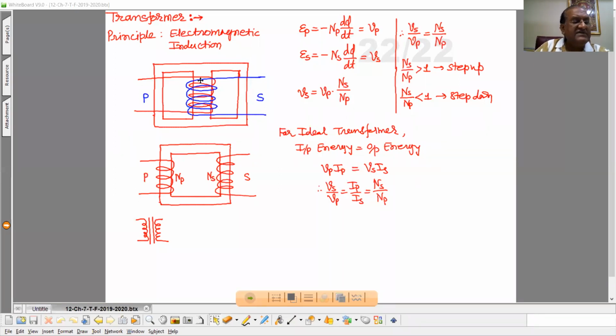Then hysteresis. The magnetization of the core is repeatedly reversed by the alternating magnetic field. The resulting expenditure of energy in the core appears as heat and is kept to a minimum by using a magnetic material which has a low hysteresis loss.